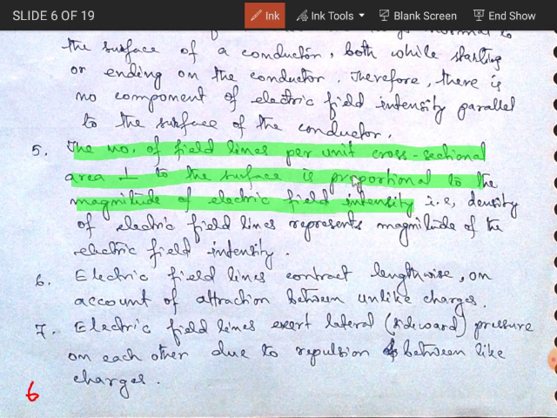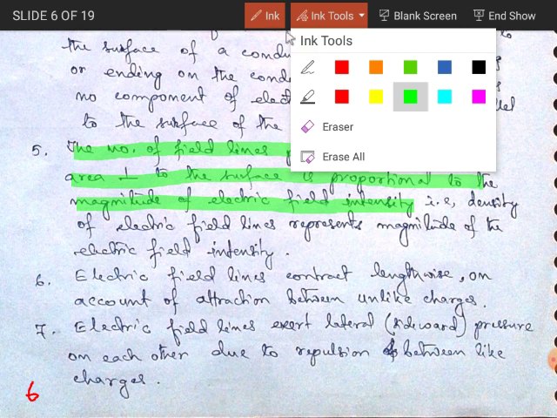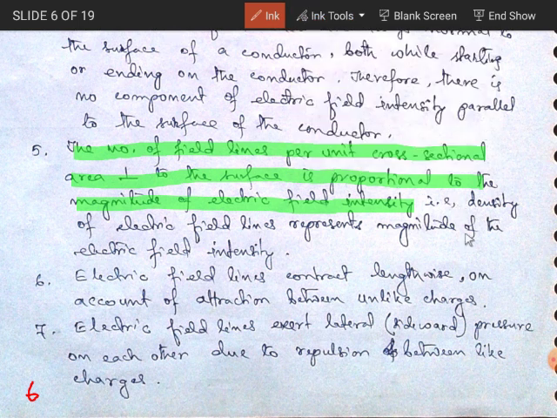Suppose you want to find out whether the electric field intensity is strong or weak. Then we need to find out whether the density of electric field lines is large or small.